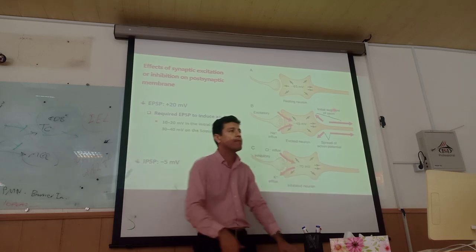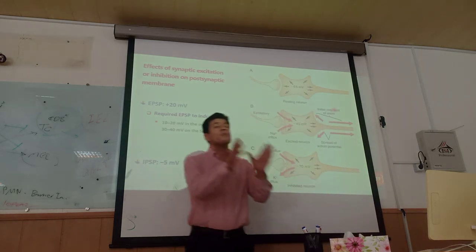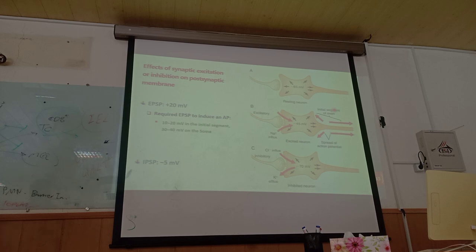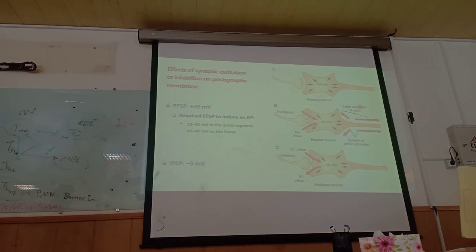Then what is the function of this postsynaptic potential? The postsynaptic potential is generated in order to activate action potential. Because dendrites cannot generate action potential. So try to remember and look at me, okay? All of these are happening in a dendrite. Dendrites cannot carry action potential. Why? Because for action potential we need sodium channels and potassium channels.